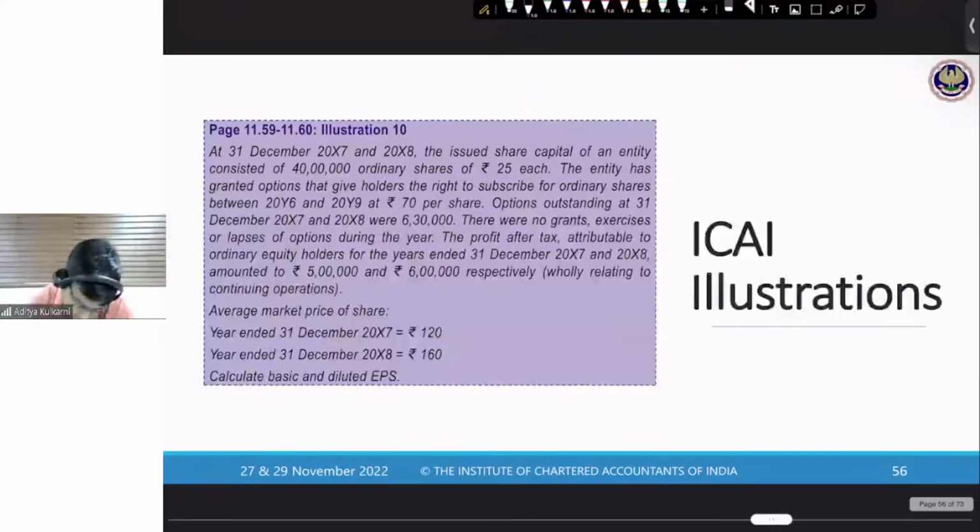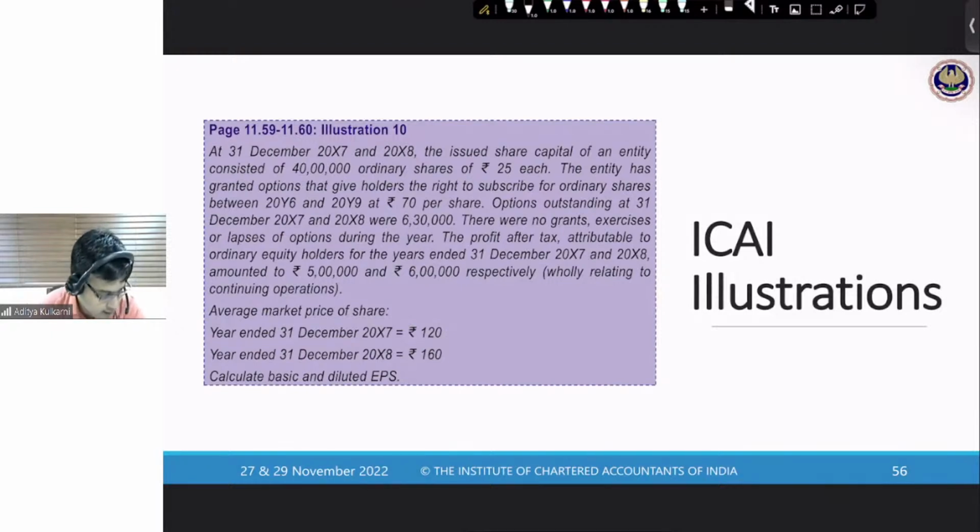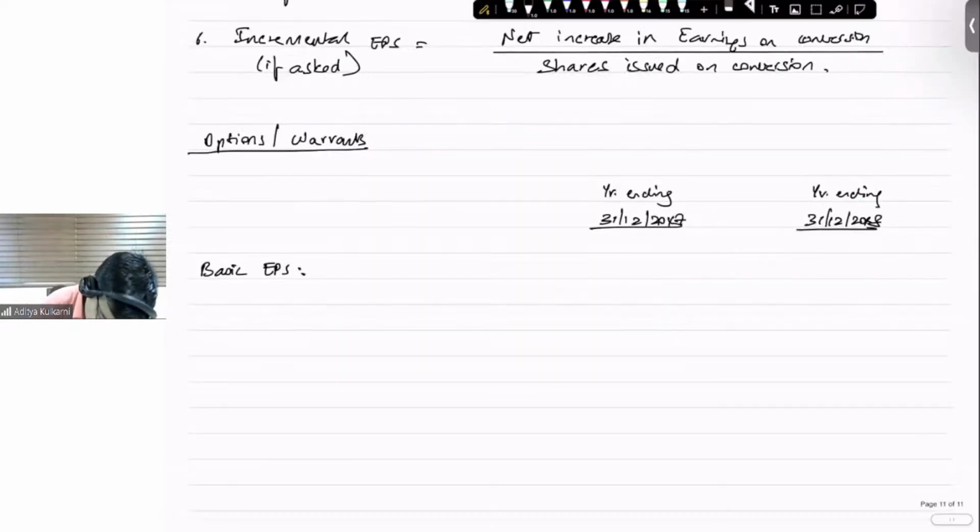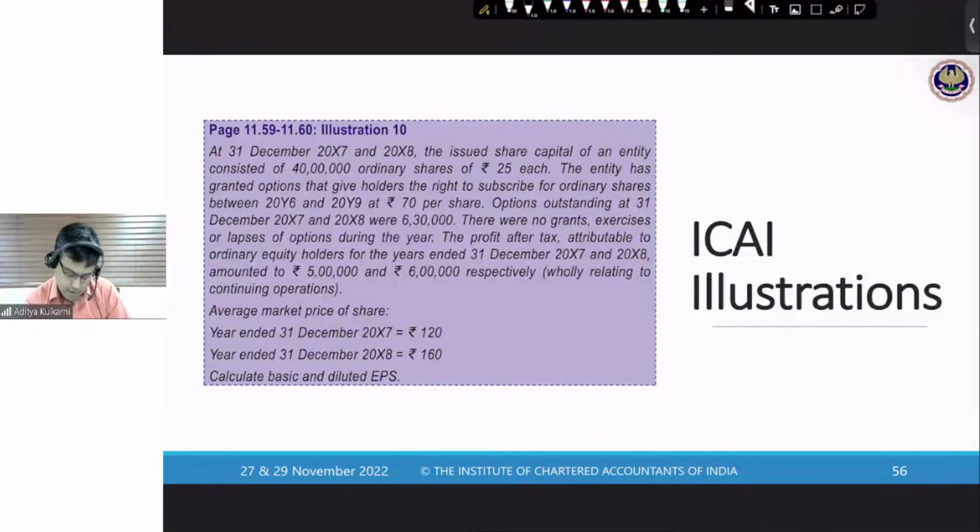Basic EPS: 5 lakhs and here it is 6 lakhs. Five lakhs, 6 lakhs, profit after tax divided by share capital, 40 lakh shares.